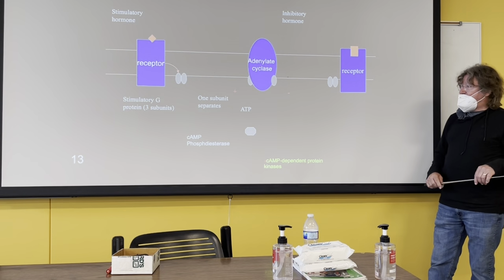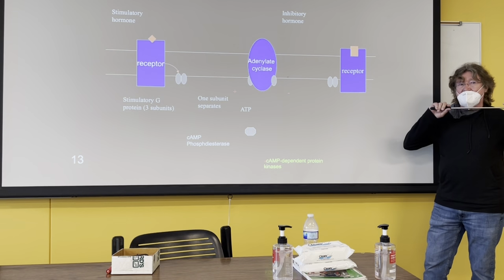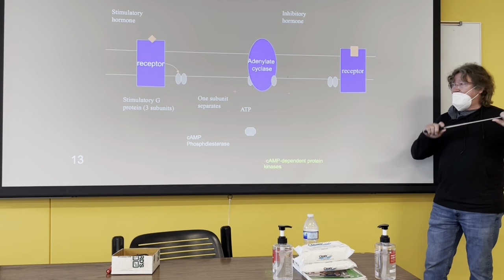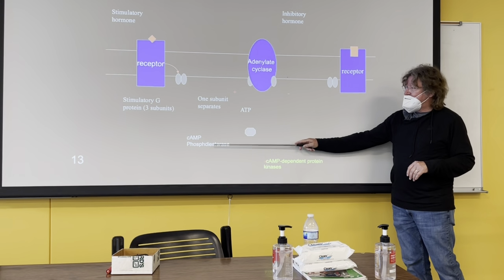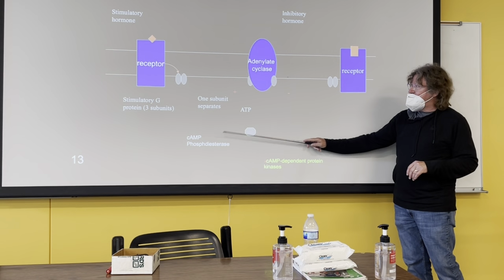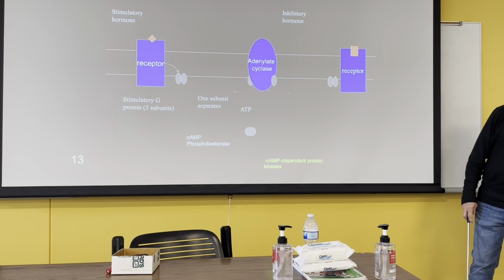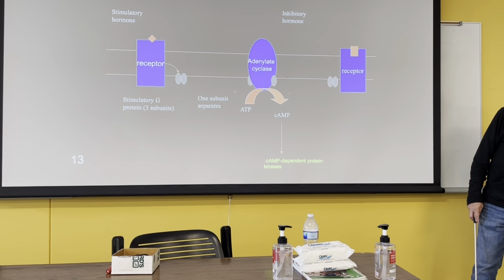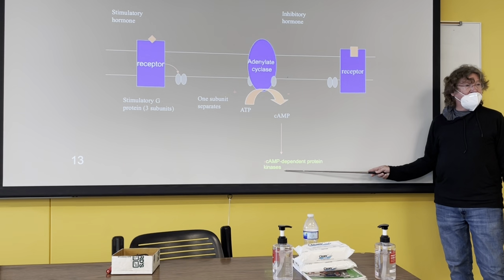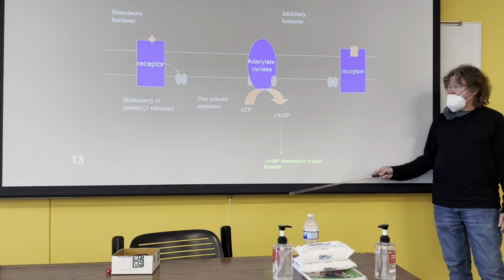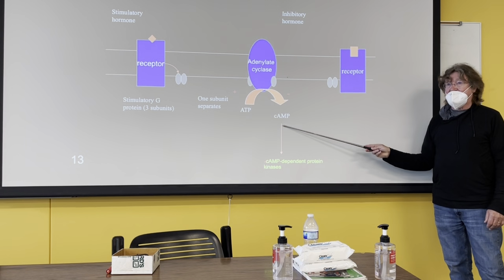Now, why do you think, and I even asked this question in 101A, if this cyclic AMP phosphodiesterase is always there, always working, why would producing cyclic AMP lead to activation? It's always there breaking this down.